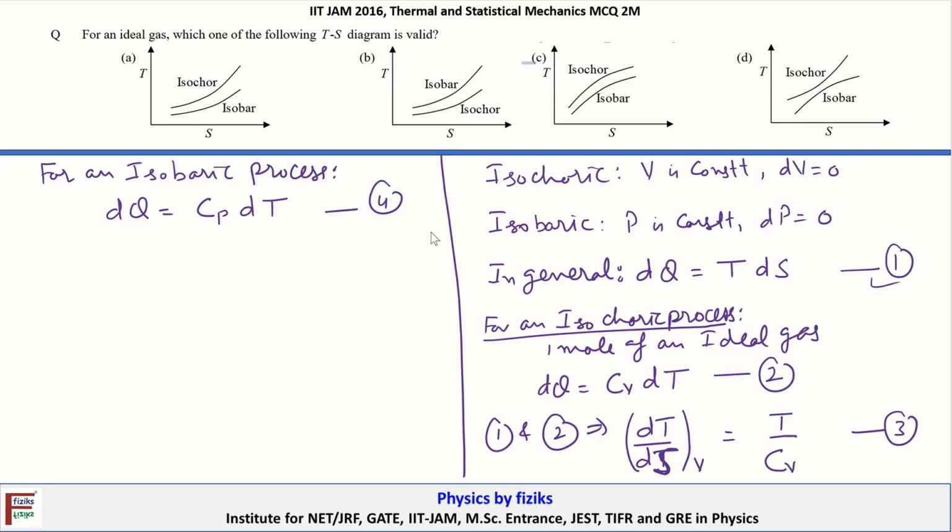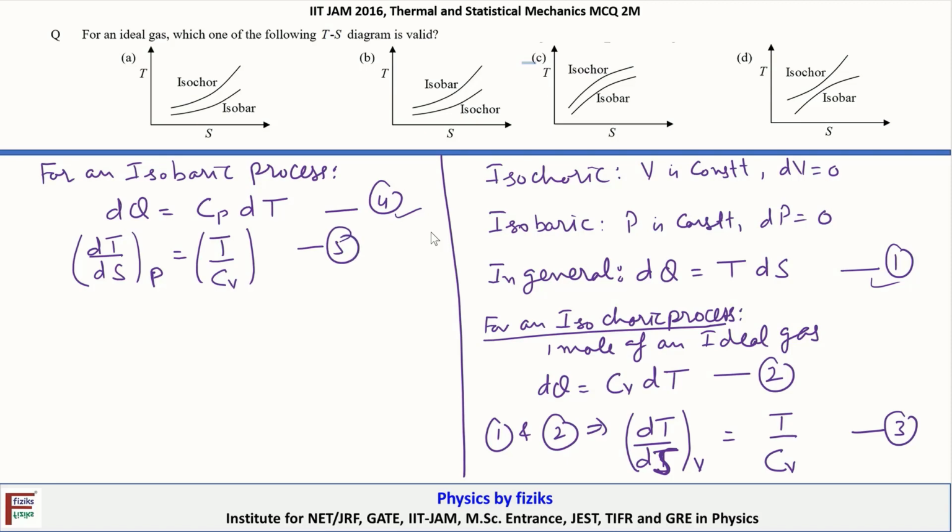Now compare equation 1 and equation 4. By comparison, again we can write dT by dS, but now for the isobaric process at constant P, that is equal to T divided by Cp. So let's call this equation 5.